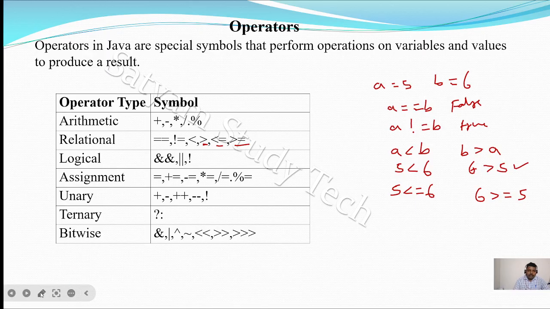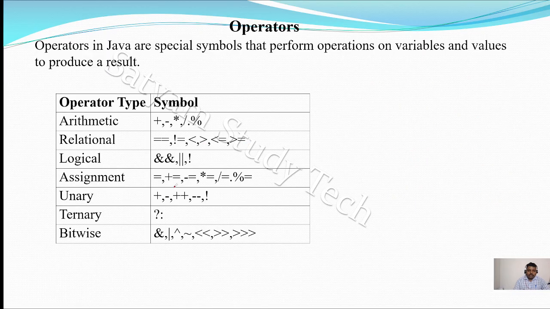Now we can see the logical operators. After seeing all these operators, you have to write one simple example Java program. Then you have to understand logical and, logical or, and logical not. What is the logical and? For example, a equal to 5, b equal to 6.